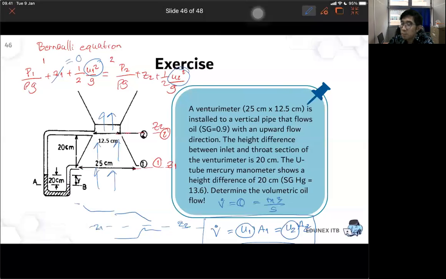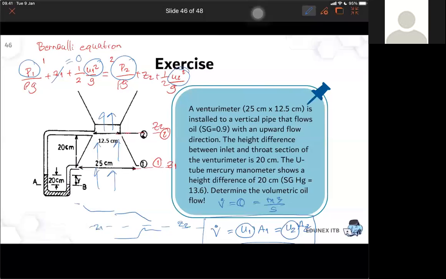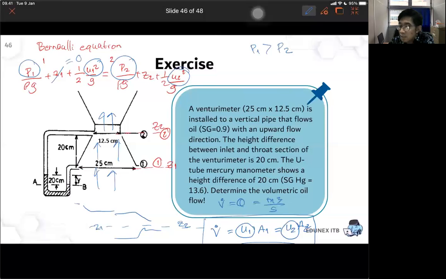Okay, how about P1 and P2? That is rho g h of the manometer, sir. Yes, correct. So which one is higher? Point 1 is higher. Okay, P1 will be higher than P2 because the direction is upward, right? And you see that in the manometer, the fluid inside, the shaded part, the head is higher on the left side.